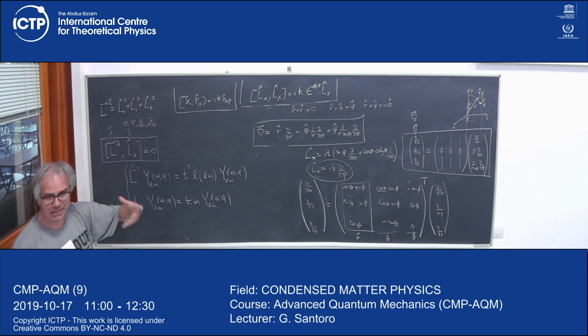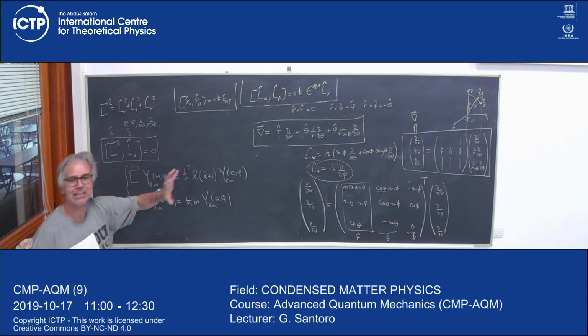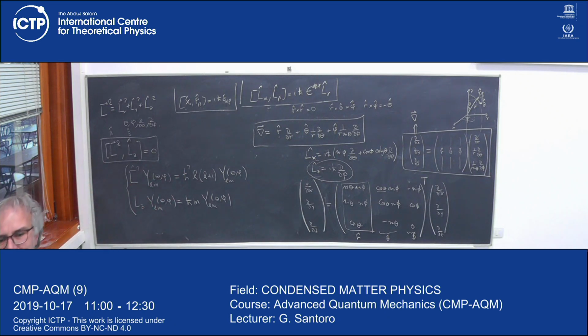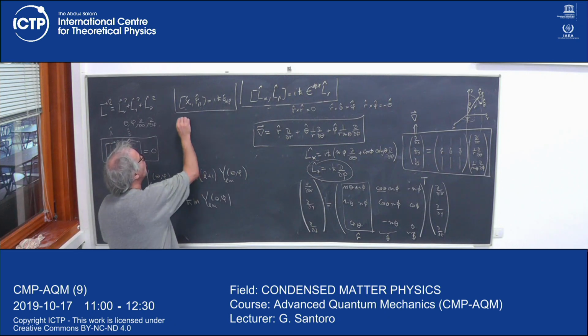And therefore, in principle, the eigenfunctions of spin admit exactly the same type of structure. You can have more than one particle, and therefore the angular momentum is the sum of the individual angular momenta of the particles. You can have a particle with spin, and therefore you have to sum orbital angular momentum and spin angular momentum.